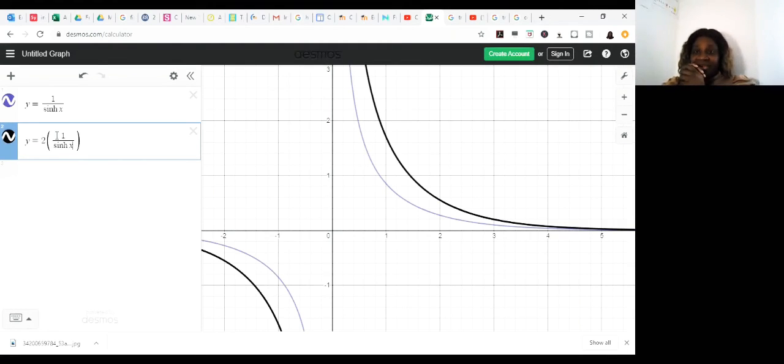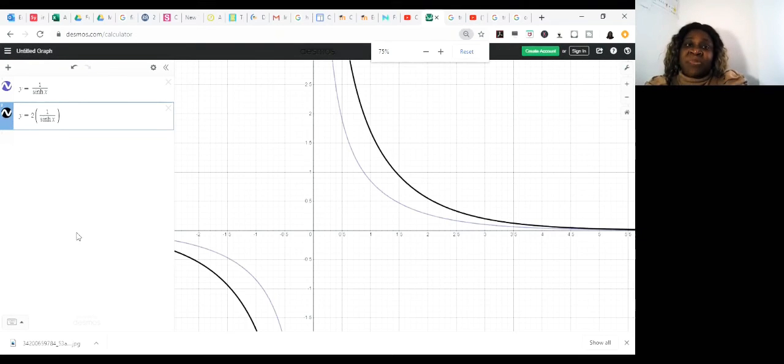Yeah, so that's what's happened there. So you can definitely keep on messing about with this until you find your way around it and you know what to do with it.